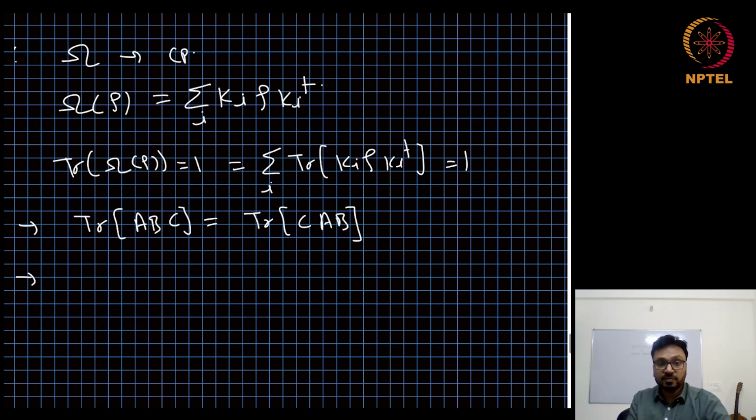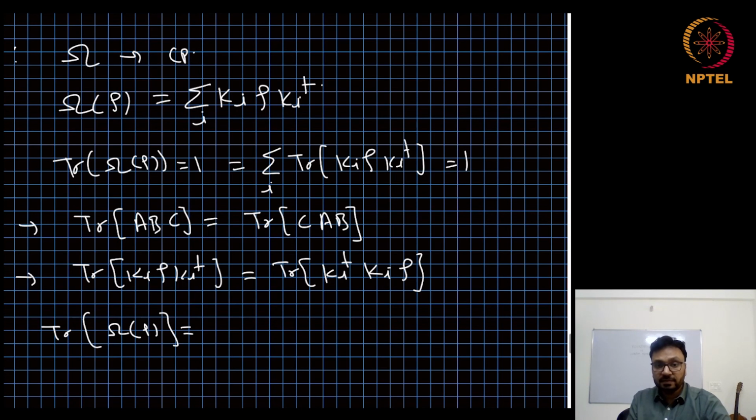We can use this property, then we get trace of Ki rho Ki dagger to be equal to trace of Ki dagger Ki rho. Hence trace of omega of rho becomes sum over i trace of Ki dagger Ki rho, to be equal to 1 for all the states rho such that trace of rho is 1.